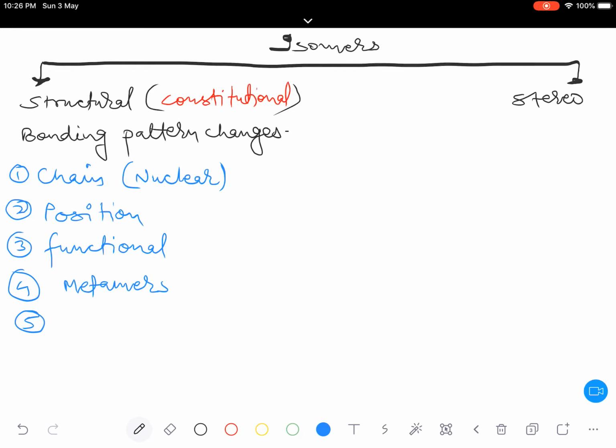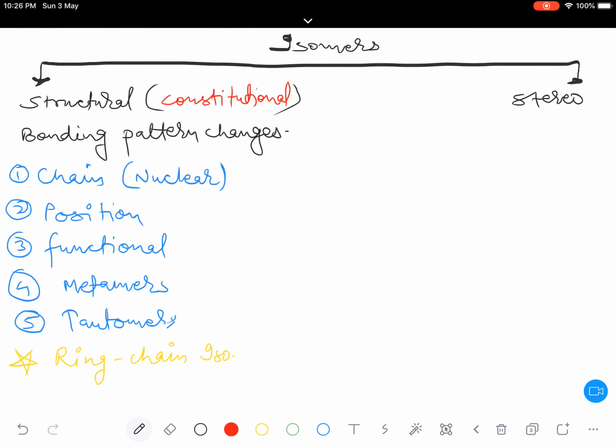Fifth one, tautomers. And then one special case is there, even though that is the same as these chain or position isomers, but I'll write this special isomer as ring chain isomerism.